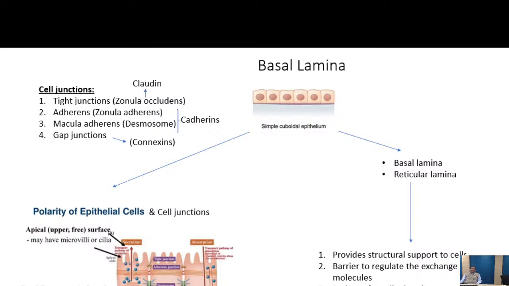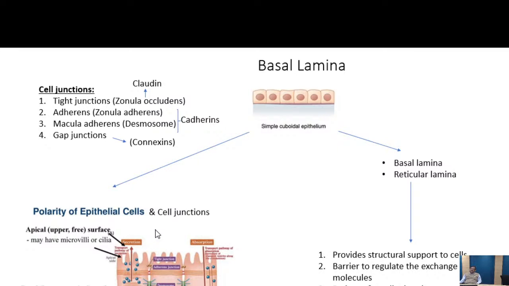So now you know about the various junctions which are present between epithelial cells and which help them to stabilize themselves, maintain their shape, and change their shape as and when required. In any viscera, say the stomach, when we take food, the stomach distends. So the epithelial cells get stretched out, and in the process the cells may get separated, but the cells are held together by these cell junctions.